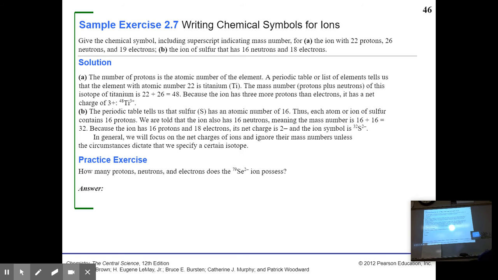First thing is we determine what element it is. What element is this particular ion in question? How do we figure that out? Well, look at how many protons. Protons give us what?